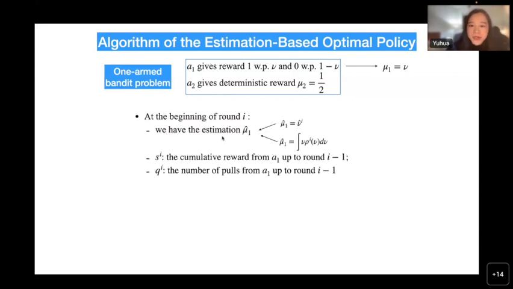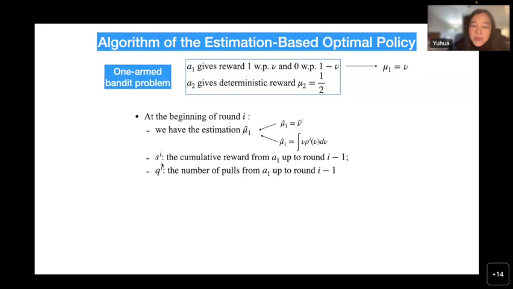Okay, so here's the setting. At the beginning of round i, we already have an estimation of the expectation, which could come from a point estimation nu hat or a density estimation rho of nu. By integrating over nu, you can also get the expectation mu hat.